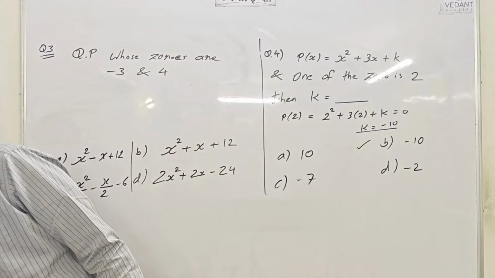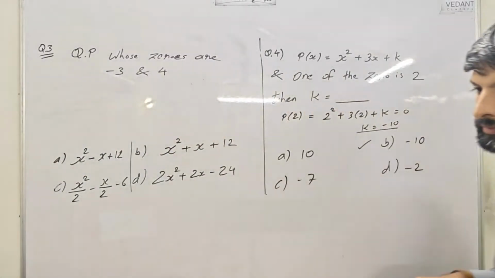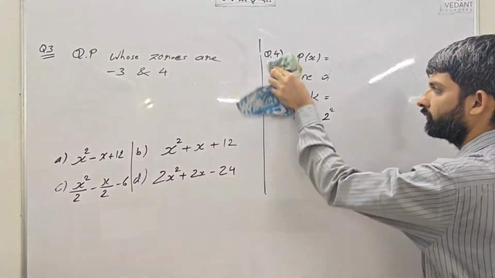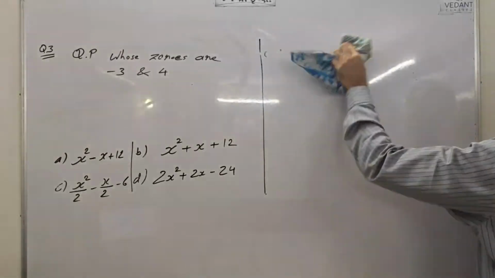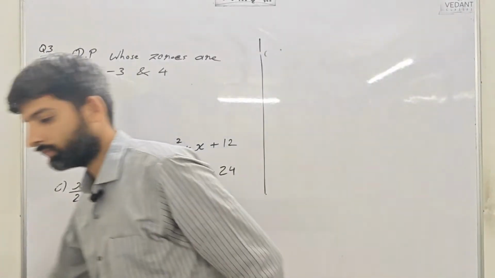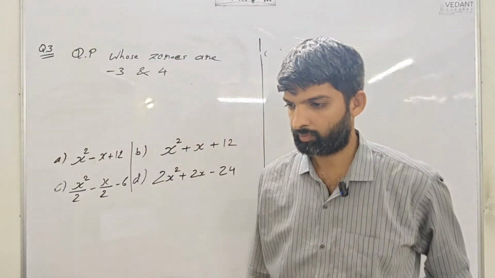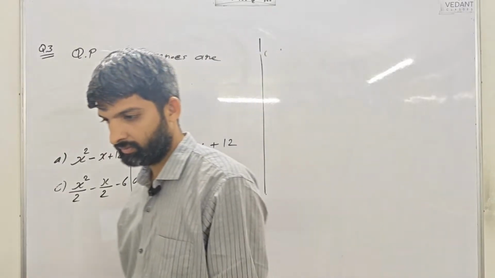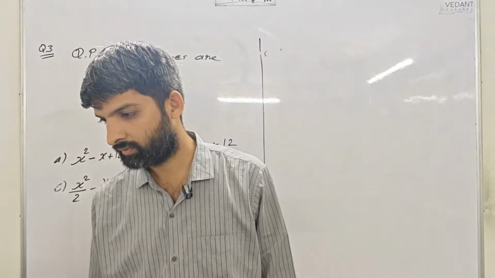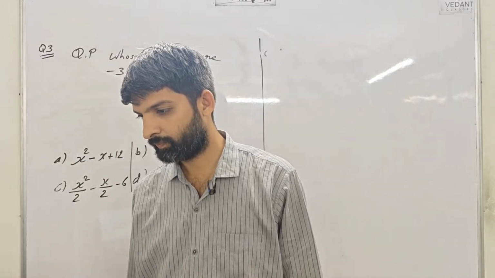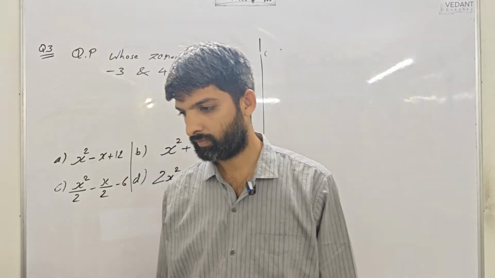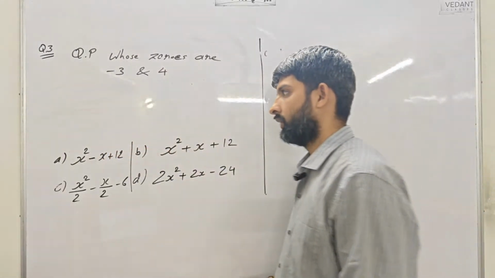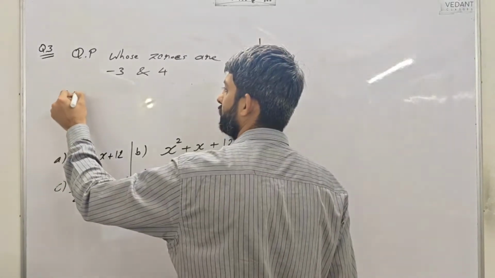Okay, let's see what answer you are getting. C, majority are saying C. Now first of all find the sum of zeros.